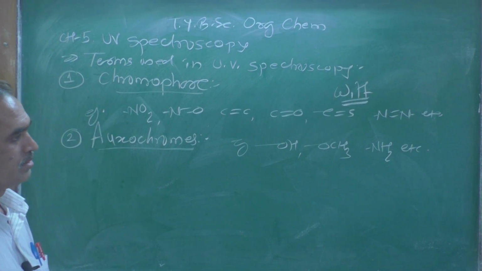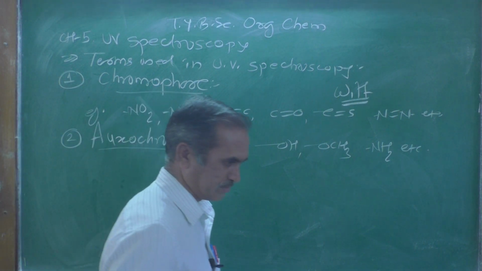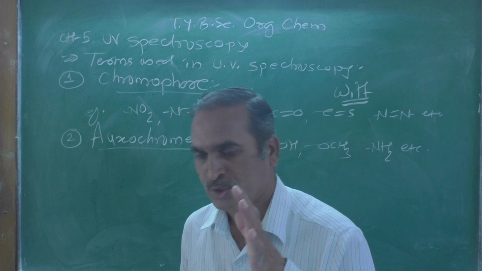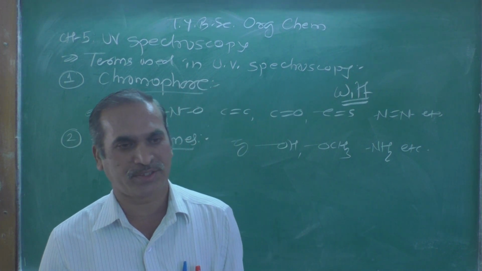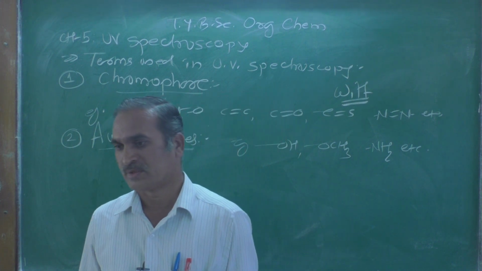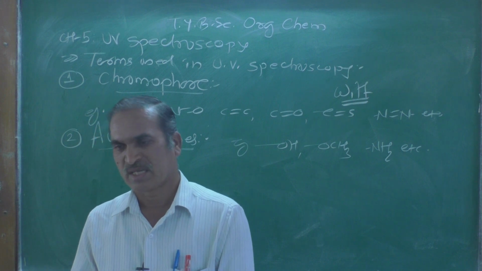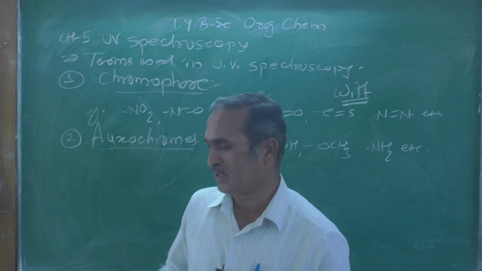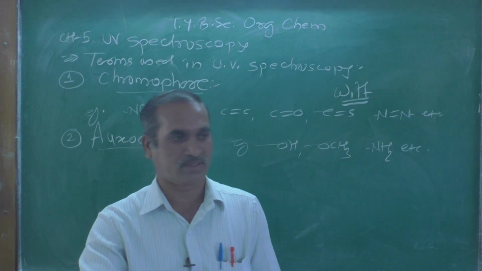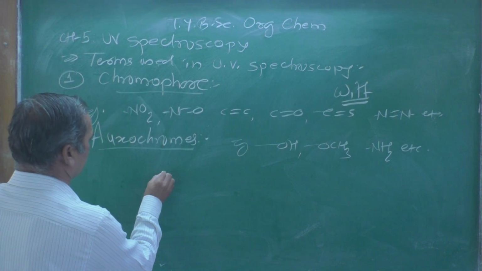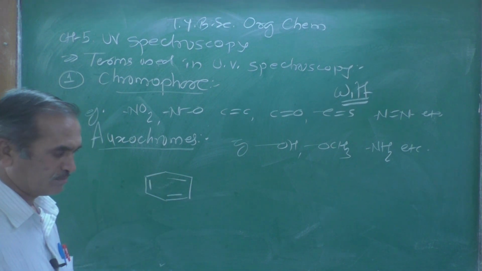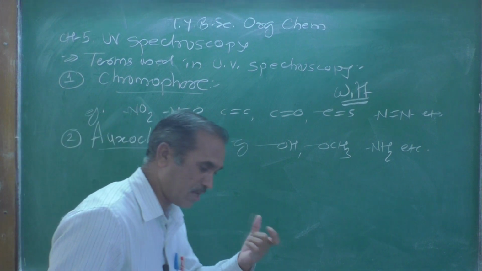But these isolated functional groups do not absorb UV radiation, but when attached to a chromophore such as benzene, they shift the absorption to a longer wavelength. Let's see over here. You know the structure of benzene is this one. Benzene contains carbon-carbon double bonds.